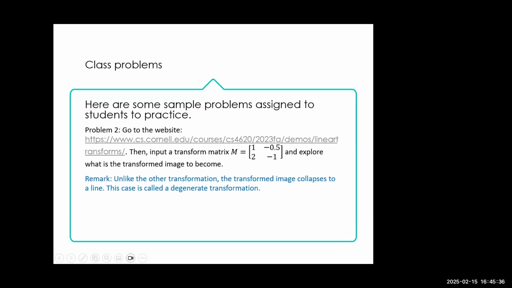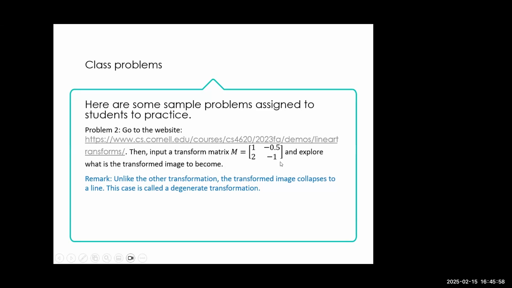But the next case is kind of challenging. Nobody in my class is able to see what's going on until they go to the website and explore this one. This matrix M has first row 1 and minus 0.5, and second row 2 and minus 1.